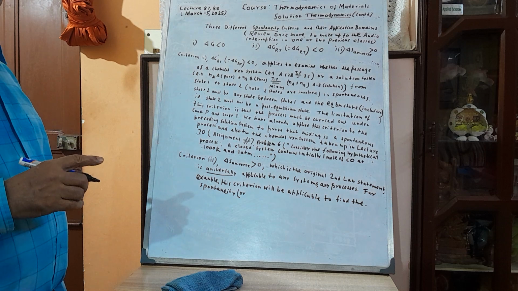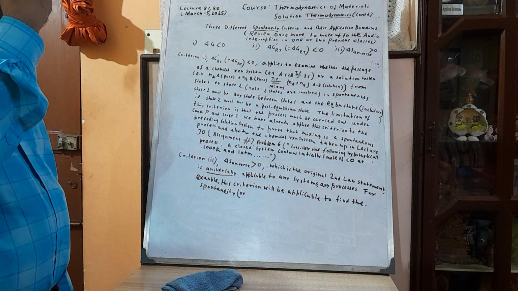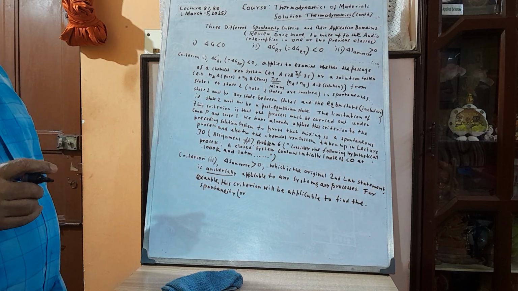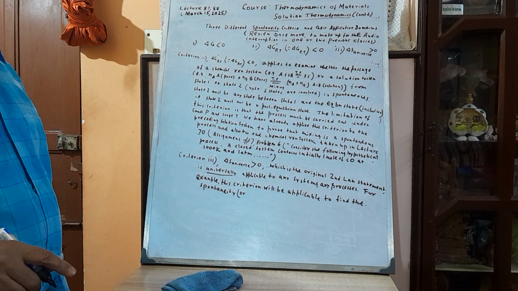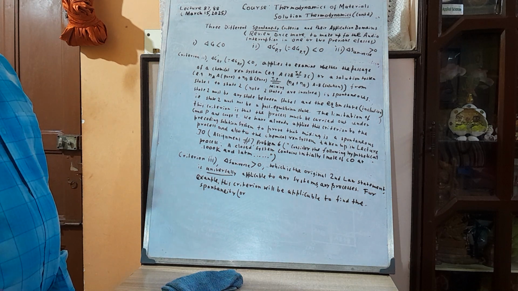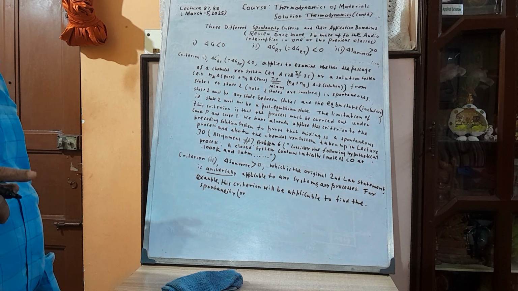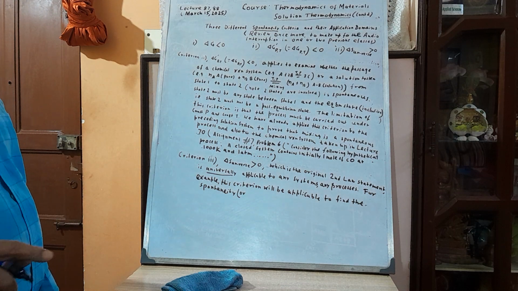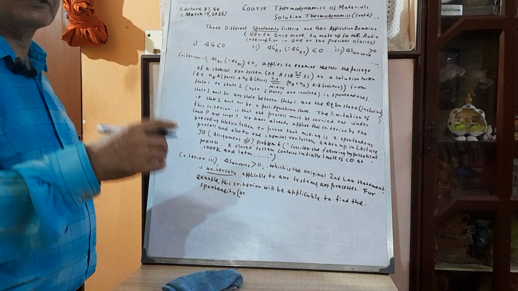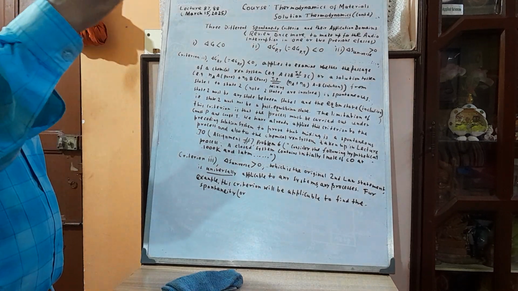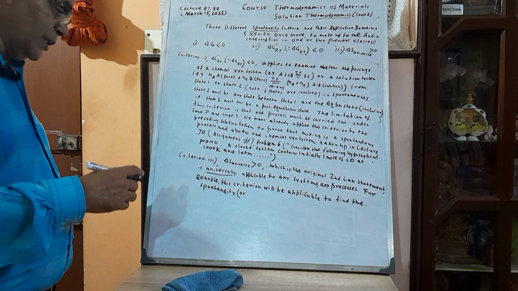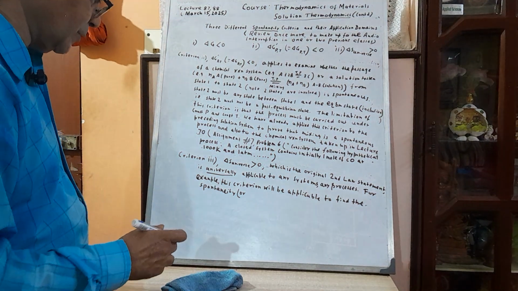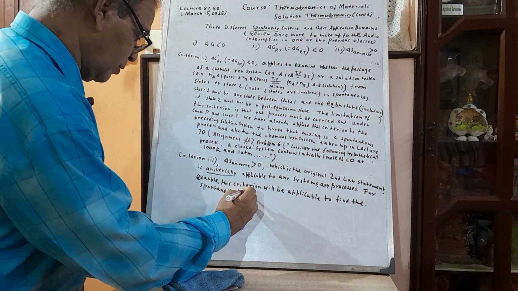And an irreversible process is similar: the starting point is equilibrium state, to another equilibrium state through non-equilibrium states. Like irreversible expansion of ideal gas, initial state equilibrium and final state also equilibrium, but through non-equilibrium states if it is irreversible expansion. So that we are considering, or irreversibility.